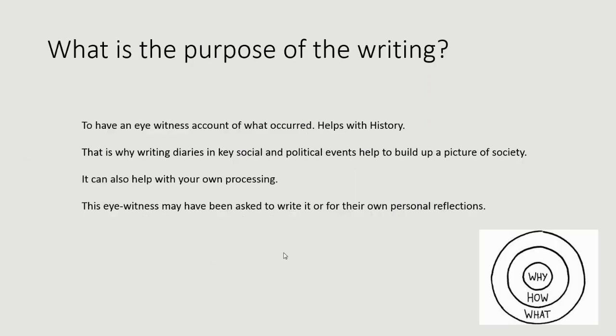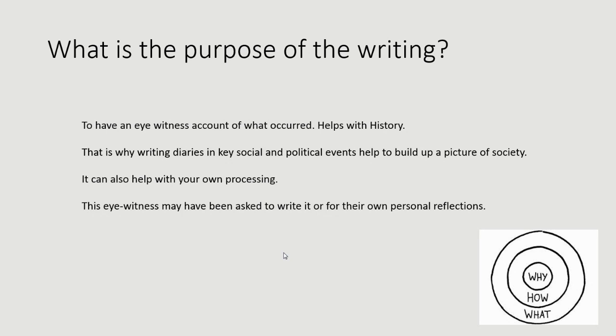Okay, so what is the purpose of the writing? I'm going back and recapping on what we said earlier. This is to have an eyewitness account of what occurred. It's helped with history. People were asked to journal and write diaries in the war to help map out history. And that is why writing diaries in key social and political events helps build up a picture of society, but it also can help with your own processing of events.